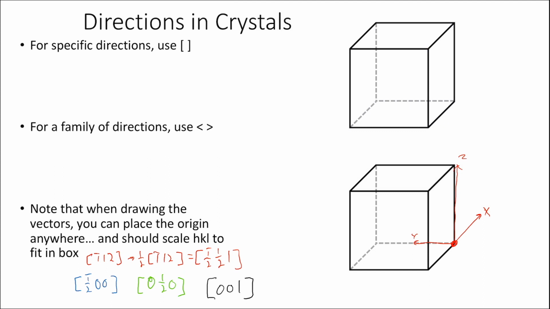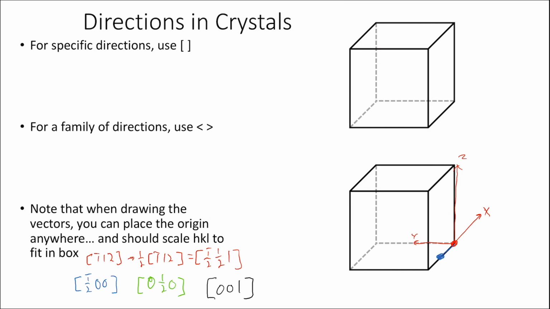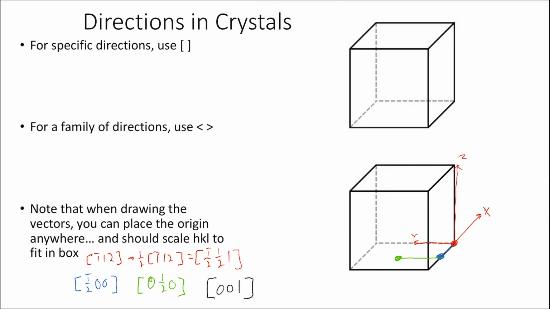So in the first case, we're going to go to minus 1/2, so we're just going to come down here. And in the second case, we're going to go over in the y direction by 1/2 over to here. So that's the positive y direction. And then to finish it up, we're going to go 0, 0, 1. So we're going to go straight up to the middle of the top.